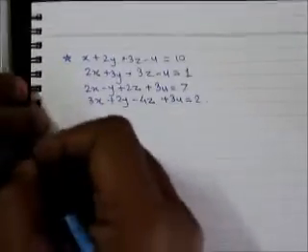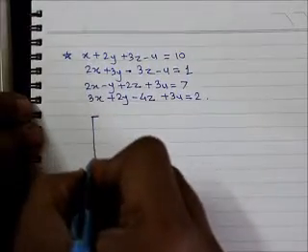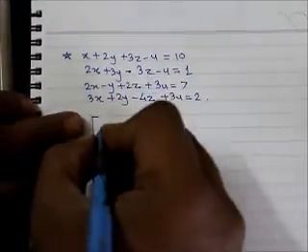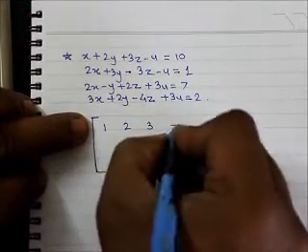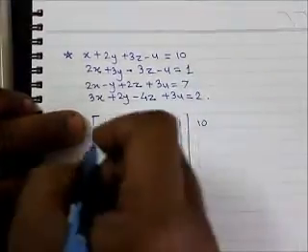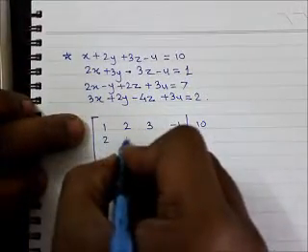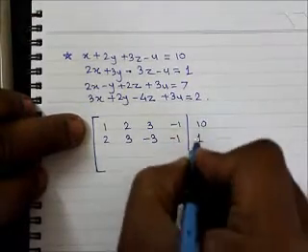As you can see, there are 4 variables and 4 equations. Now let us convert them into a matrix form. 1, 2, 3, minus 1, that gives us a 10. 2, 3, minus 3, minus 1, that gives you a 1.